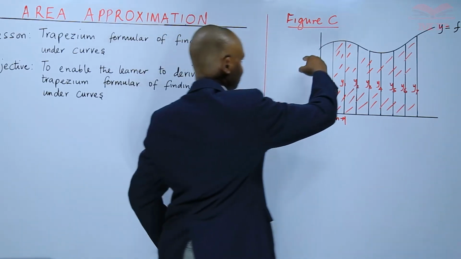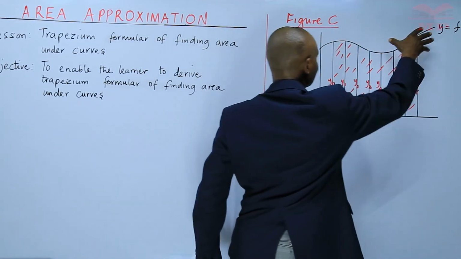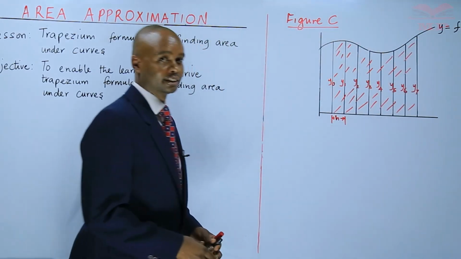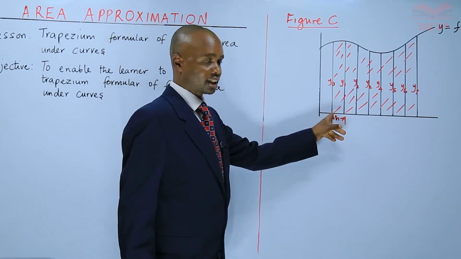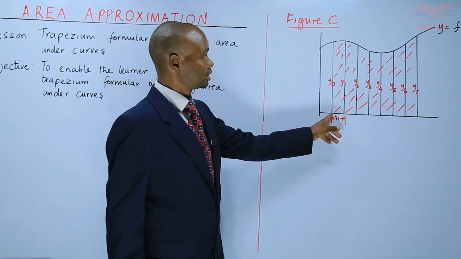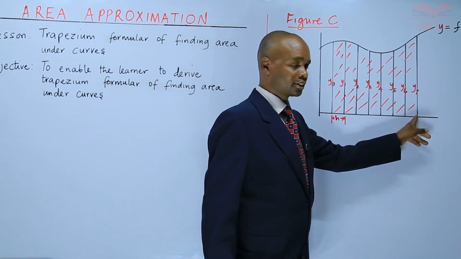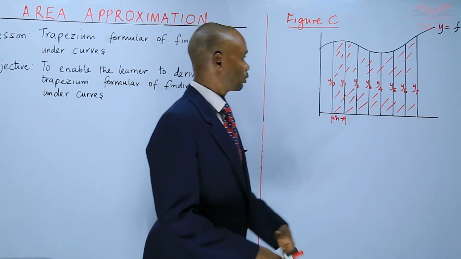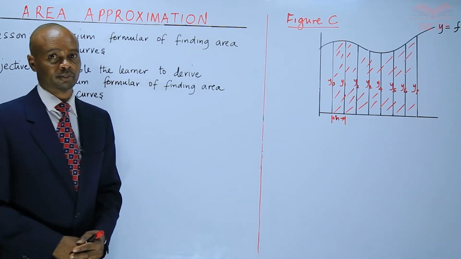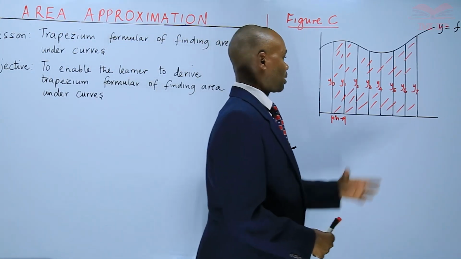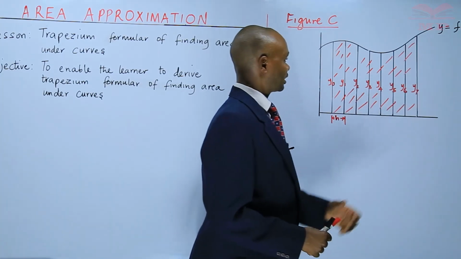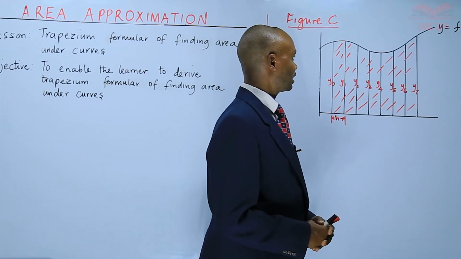Under the curve, we have a shaded area which is bounded by the limits from this limit to that limit, and it is divided into equal strips. Adding up the areas of those equal strips will give the area under the curve.